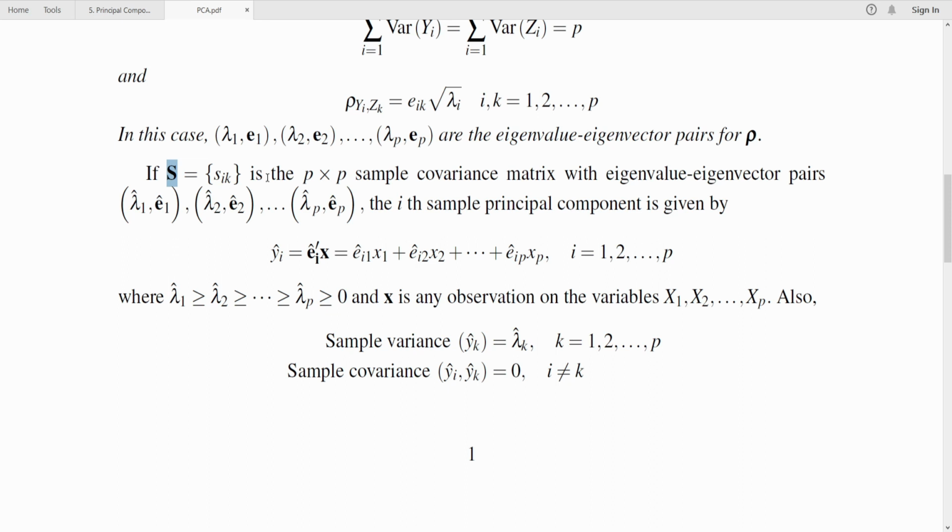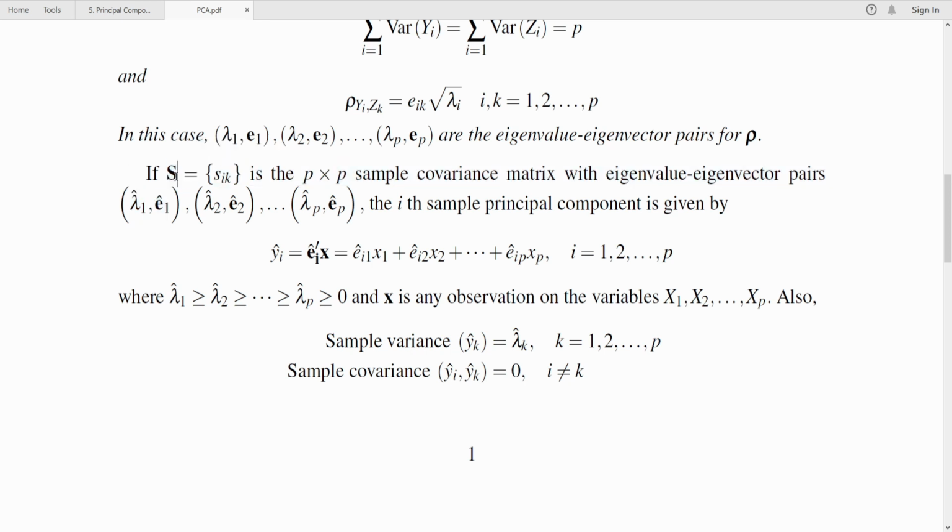In case we use the maximum likelihood estimate of our covariance matrix, so divided by n, then we will also have maximum likelihood estimates of our eigenvectors and our eigenvalues, under the assumption that our sample is from a multivariate normal distribution.